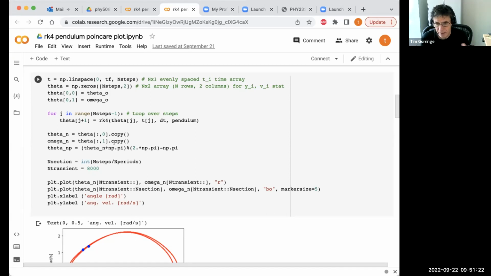I've defined the initial conditions of the pendulum. I've defined a user function to solve the differential equation, and a user function that has the differential equation for the damp-driven pendulum.